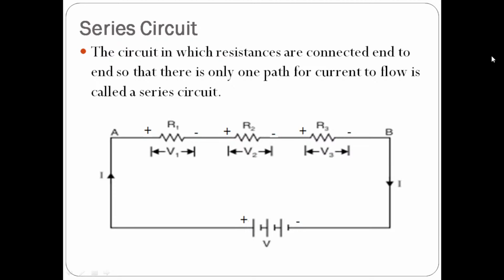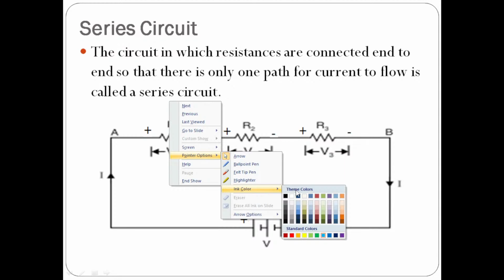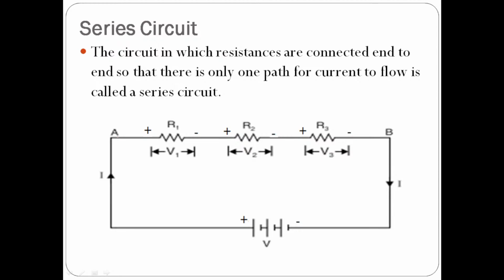I will take a pointer with the red color. So this is a terminal of resistance R1. This is the starting terminal, this is the end terminal. For R2, this is the starting terminal, this is the end terminal.